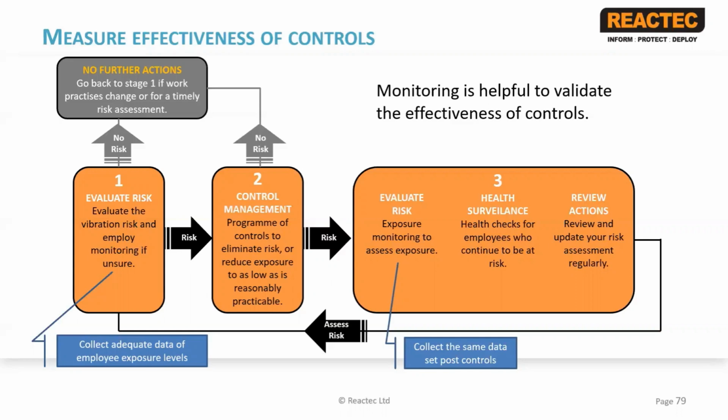If there is a level of risk, you put in place some controls to manage that risk. You then want to evaluate the risk after the controls to establish if they are actually at a lower level than they were originally. And if you collect data in the same manner before and after the introduction of controls, then that will allow you to determine how to adjust the controls in order to improve those risks.